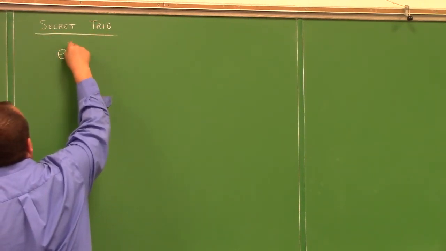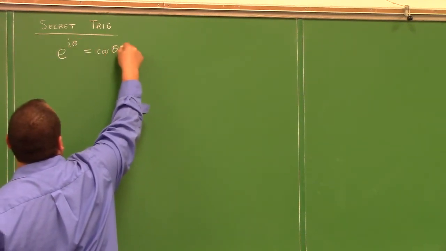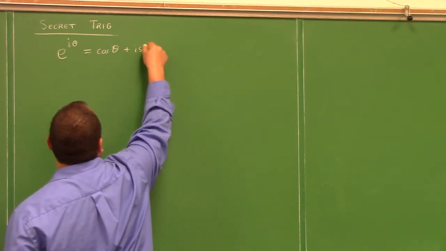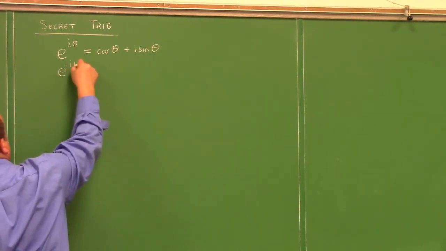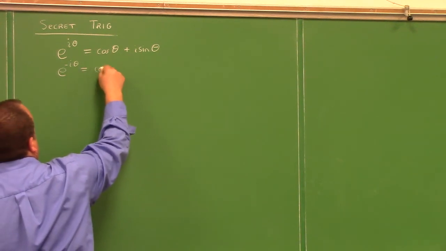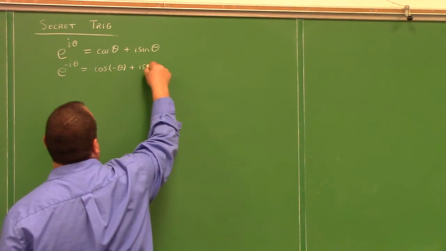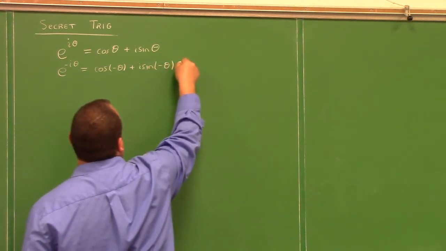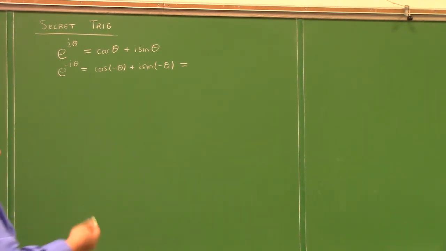So here it is. e to the i theta is cosine theta plus i sine theta. That means that e to the minus i theta is cosine of minus theta plus i times the sine of minus theta. But the thing is, cosine and sine are even and odd respectively.